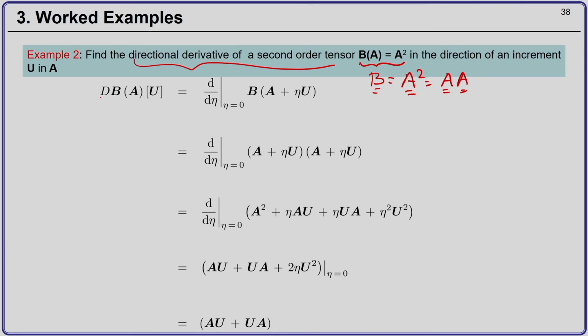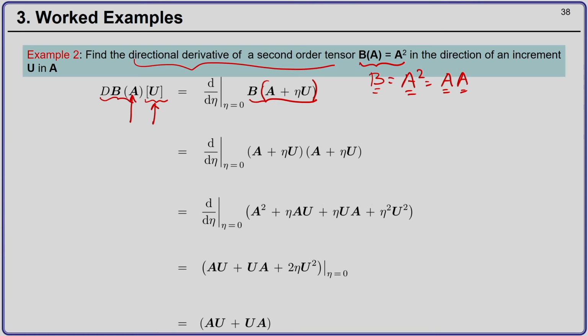the directional derivative of B at A in the direction of u will be d by d eta of B evaluated at A plus eta u. So, this bracket over here does not mean that you have to multiply B by A. It means B is a function of A plus eta u.